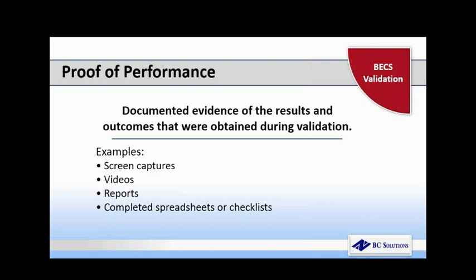For example, if you're validating an ISBT label printer after modification of products, the labels that you print out in your donor system to label acceptable units for distribution would be your proof of performance, and you would need to keep those and link them to the test scripts or plans, which are then linked to the requirements.